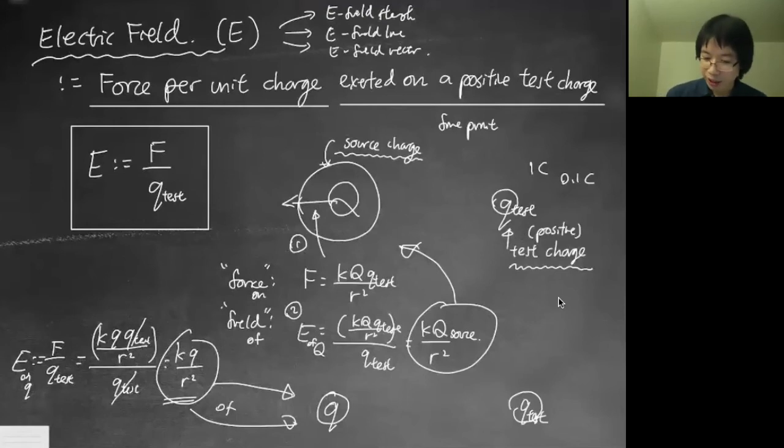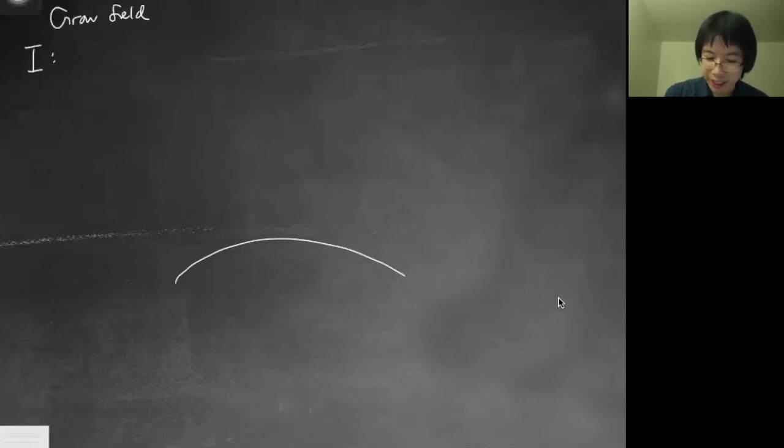So I'll use the analogy with gravitational field. You can define the same thing, called gravitational field. Let's call it I. Don't ask me why I, because G is taken. It's the force of gravity divided by a test mass.